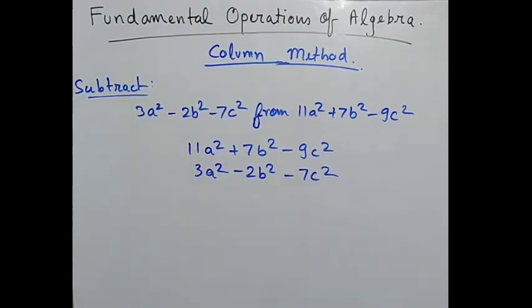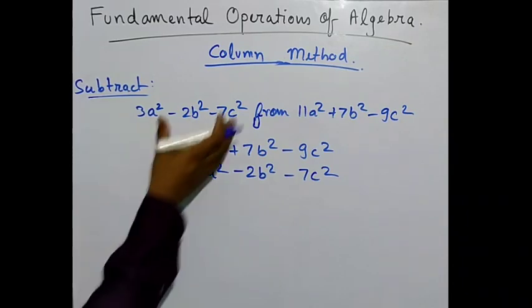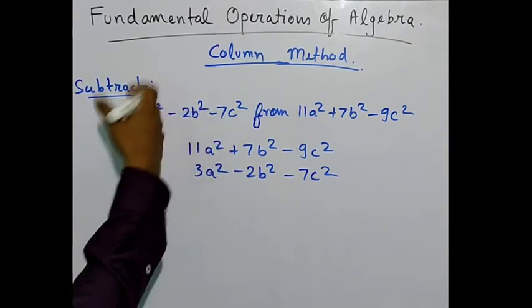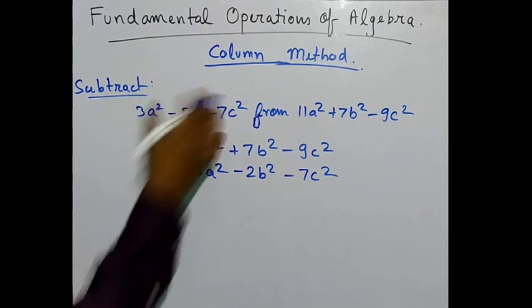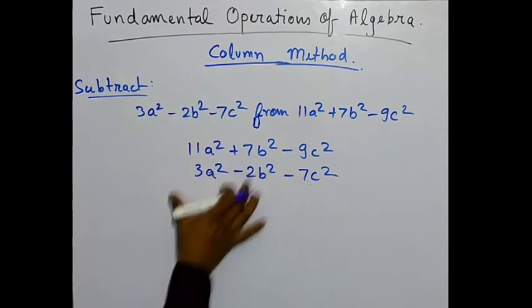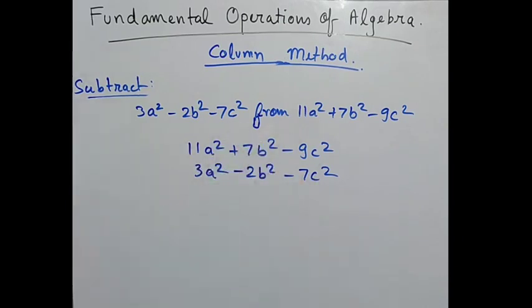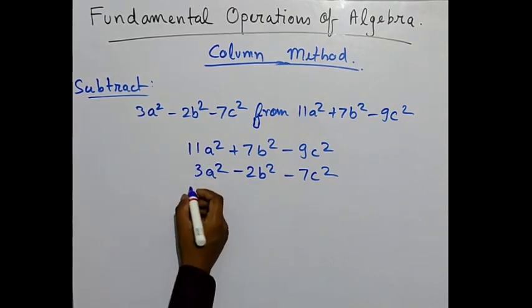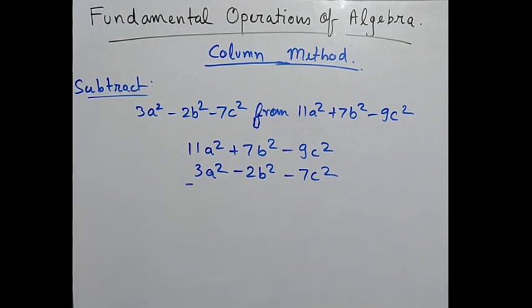Now remember what we do when we subtract any expression, we change the sign and add. So here also we'll do the same. We will change the expression to the opposite sign, so to the negatives, right? So this will become negative and positive will become negative.